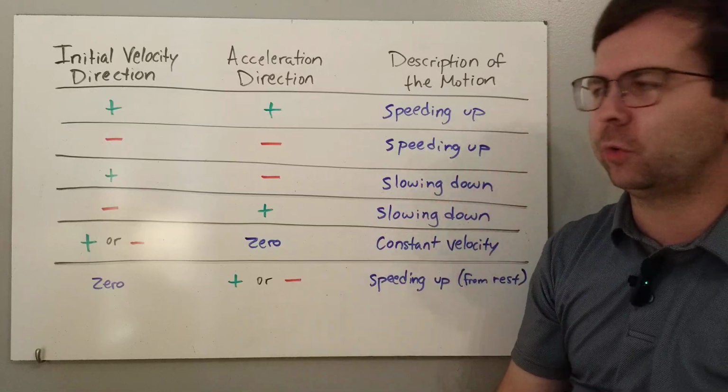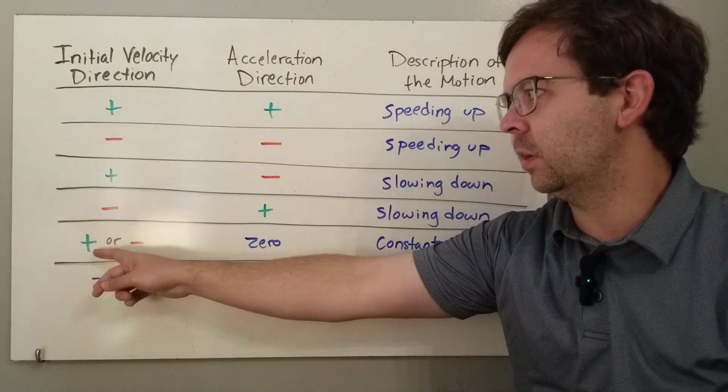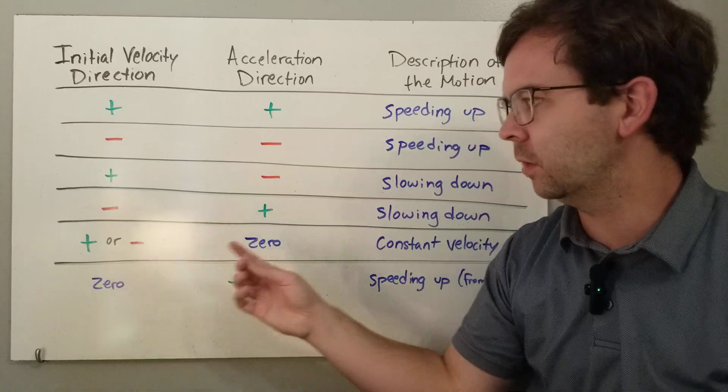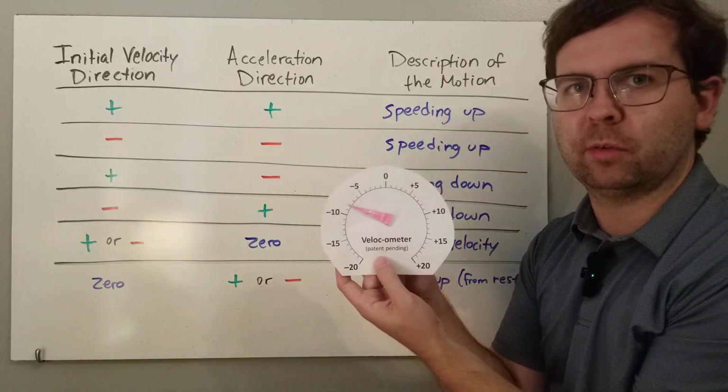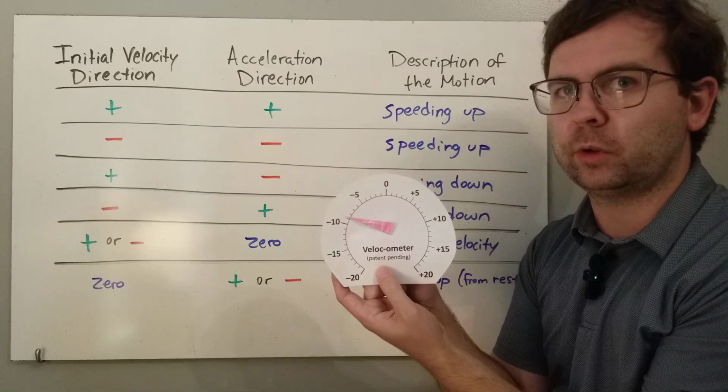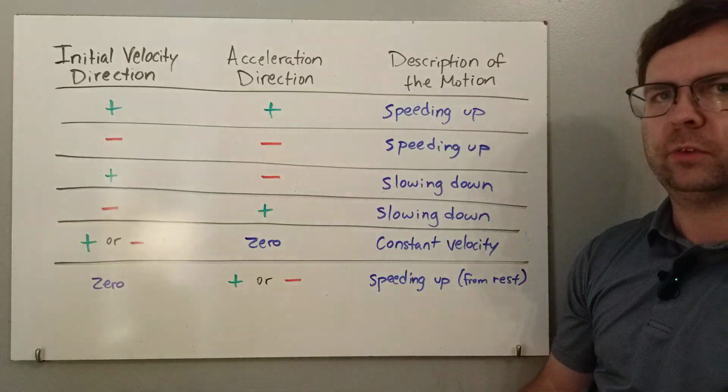We have a couple of other special cases here. When you have an initial velocity, either positive or negative, and the acceleration is zero, that means you're just stuck on whatever velocity you're at. And so we would call that kind of motion constant velocity.